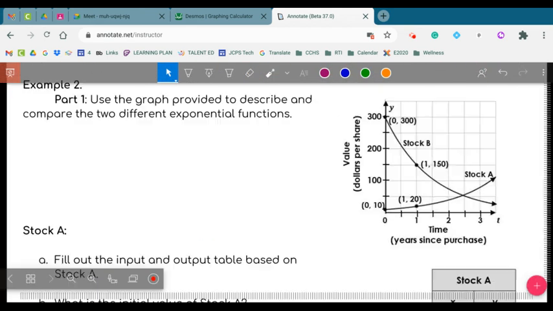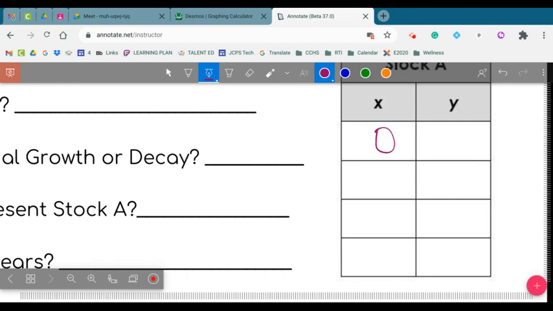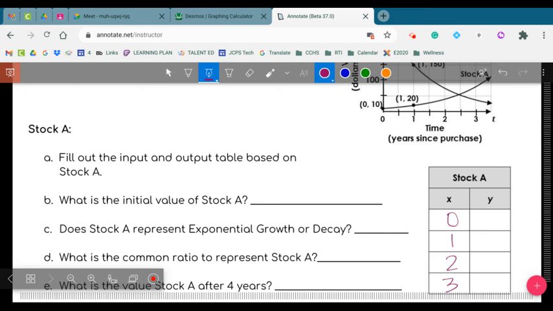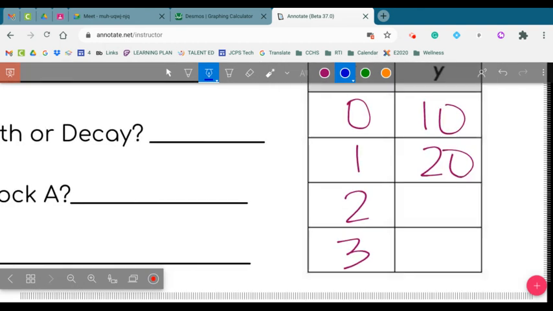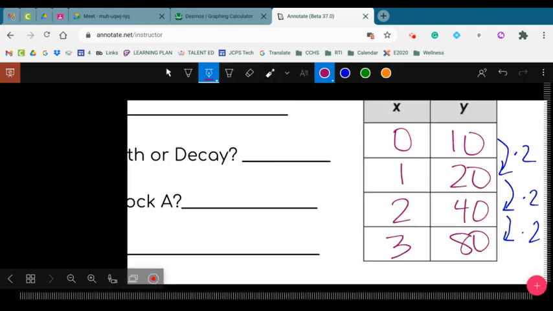Okay, next page, we're going to do the same thing. So input, output table. We're going to do 0, 1, 2, 3. For stock A, 0 is 10, 1 is 20. So it looks like our ratio is 2. So 2 times 20 is 40. 40 times 2 is 80.